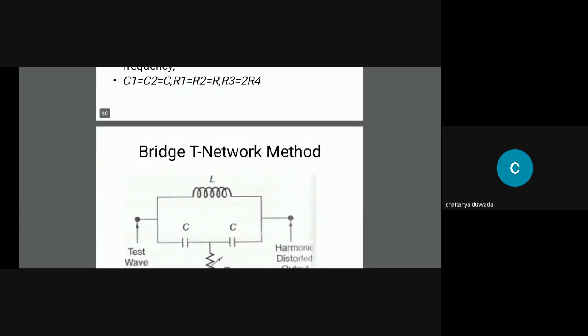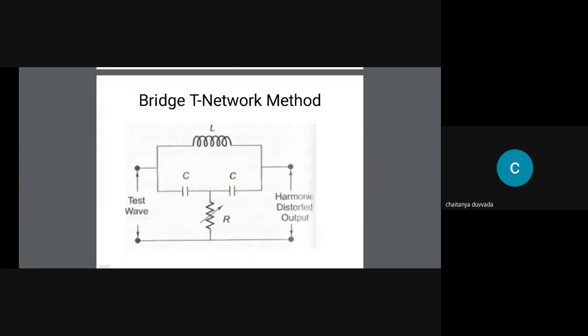This is the Bridge-T network method. In this method, some tank circuit is there. This tank circuit is known as the LC combination circuit. One resistor R bypasses this tank circuit. Initially, we give some input, which is named the test waveform. The test waveform consists of some fundamental frequencies.